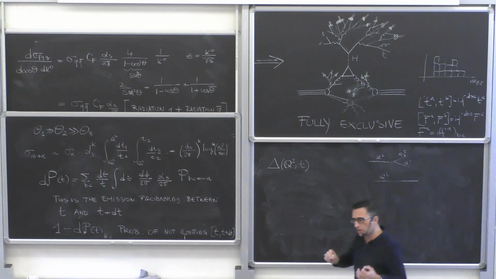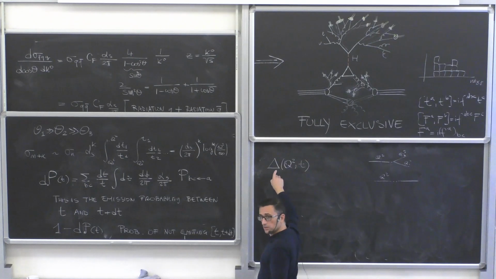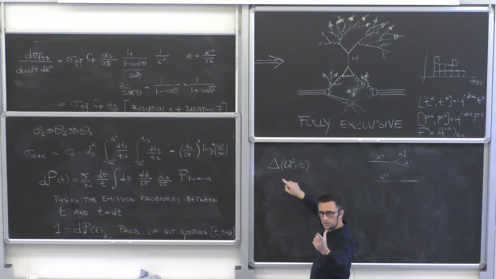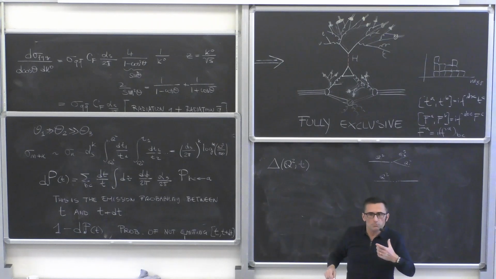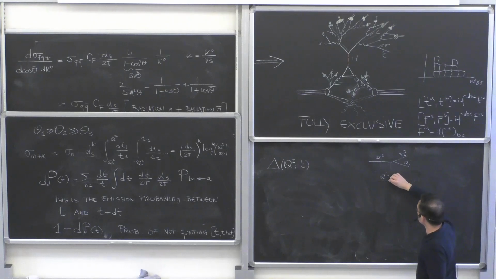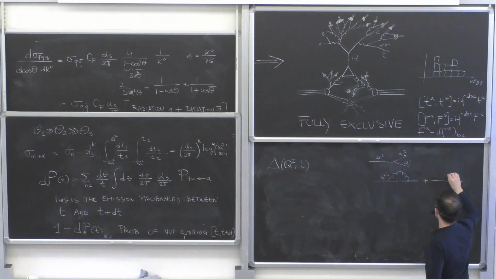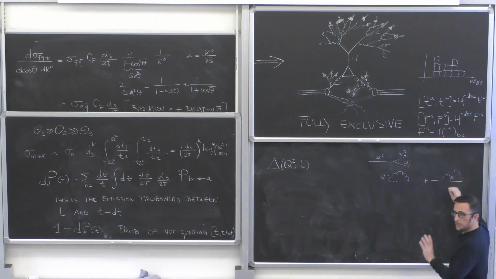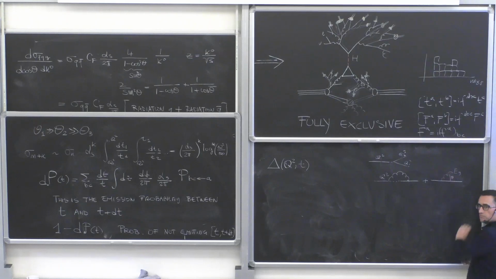So what I'm really calling this delta is the probability of going from one virtuality to a lower one, a finite amount, with no visible branching. From the diagram point of view, I will have this one plus anything which is real, but whose energy or radius is such that I cannot tell that this gluon is different from the quark.